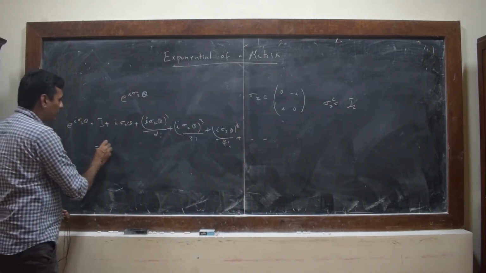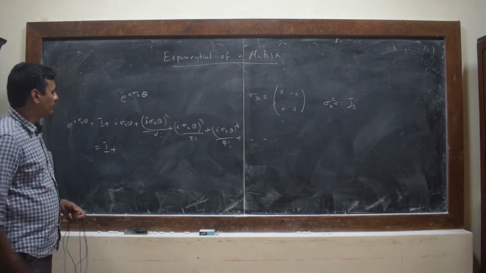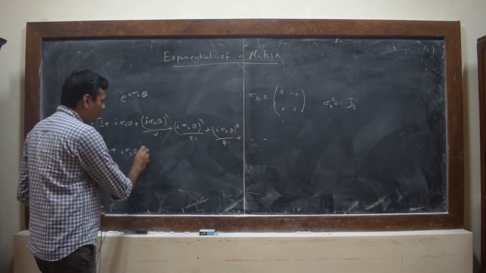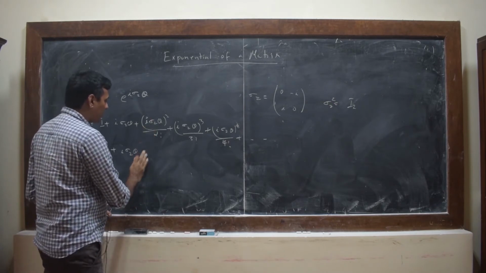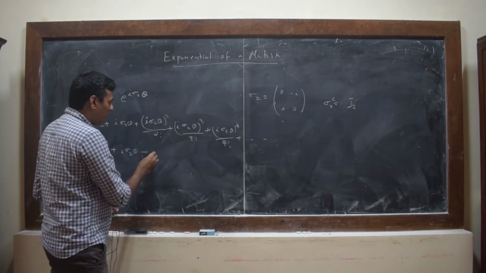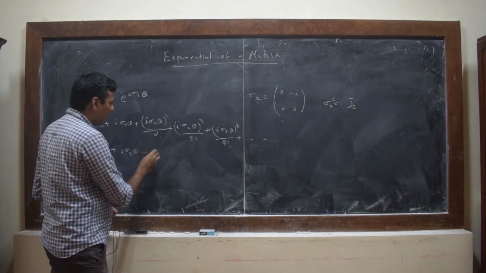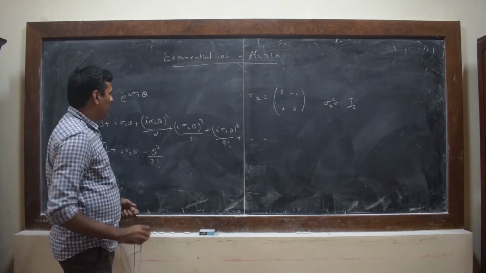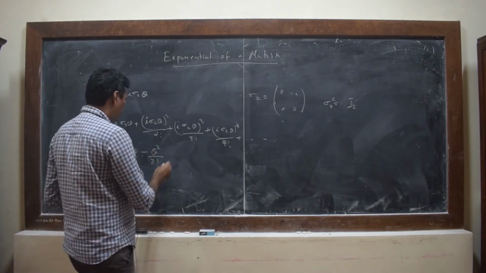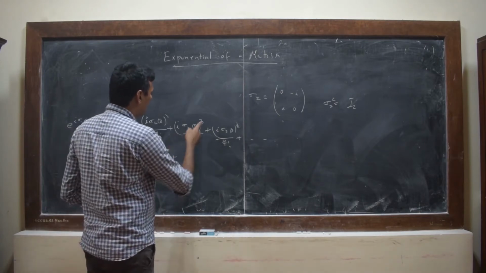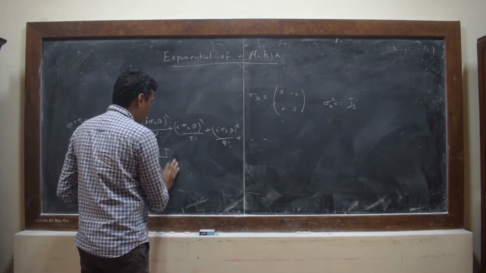All right. So, this is equal to I plus i sigma 2 theta, and i square is minus 1, and sigma 2 square is identity. So, minus theta square divided by 2 factorial into identity.